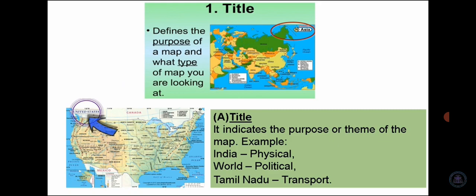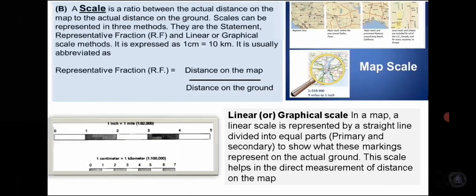Scale. Scale makes it possible to reduce the size of the whole earth to show it on a piece of paper. Scale can be represented in three methods. They are the statement, representative fraction, and linear or graphical scale method.